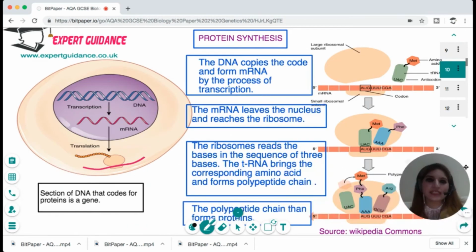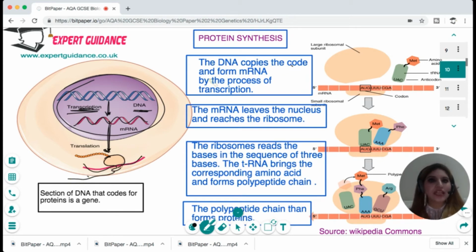Next is protein synthesis. That's for the higher tier. Now, when you have DNA, the DNA is converted into mRNA, and this process is known as transcription, and that takes place in the nucleus of the cell. Then this messenger RNA leaves and reaches the ribosomes in the cytoplasm, and the messenger RNA code is read and an amino acid chain is synthesized.